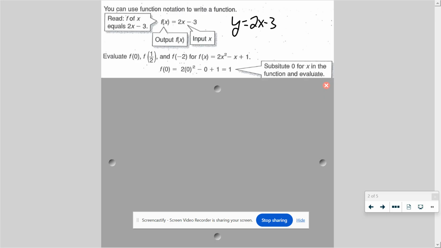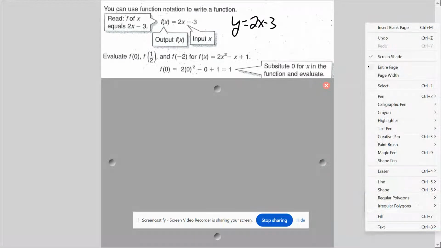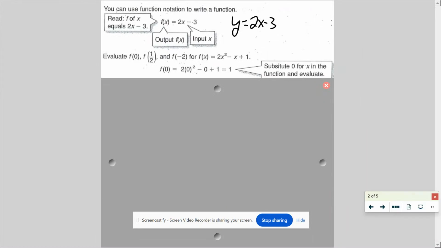For example, in this first prompt, it's asking us to evaluate the function at 0, the function at 1/2, and the function at -2 for the overall function 2x squared minus x plus 1. What we're going to do is substitute 0 in for x in the function and evaluate.